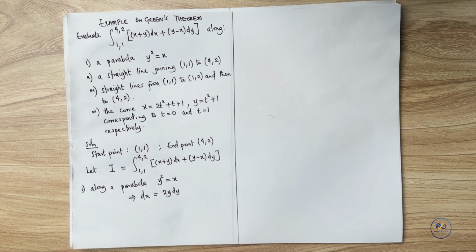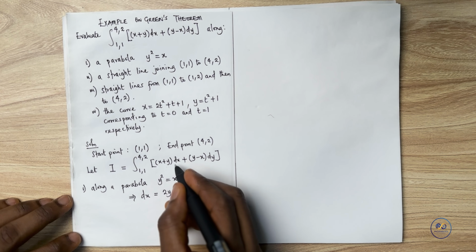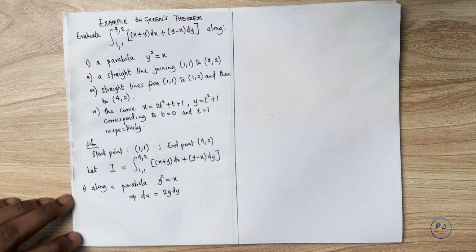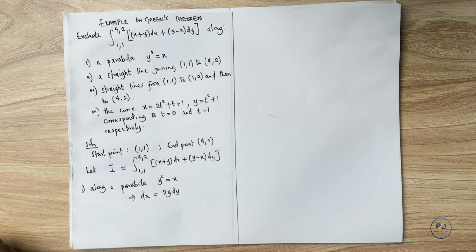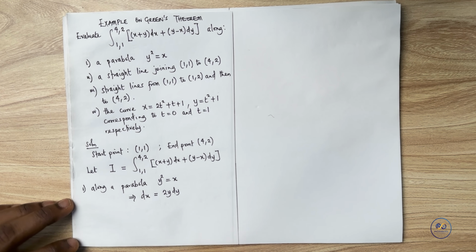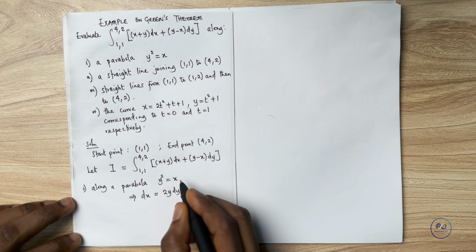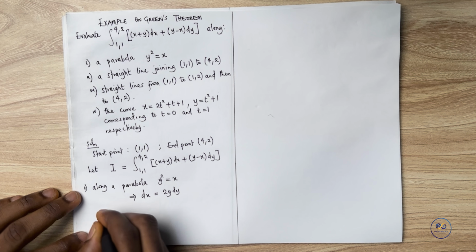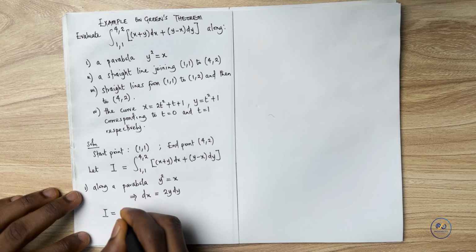So dx will be equal to 2y dy, which means you can make a substitution for x and you can also make a substitution for dx. Since we have made this substitution, we can now rewrite the integral I.